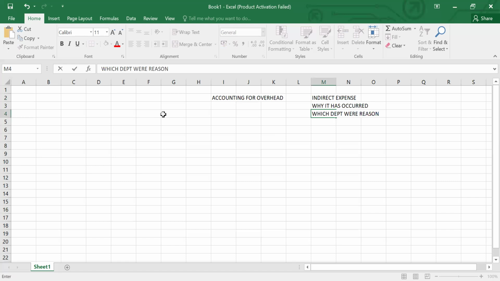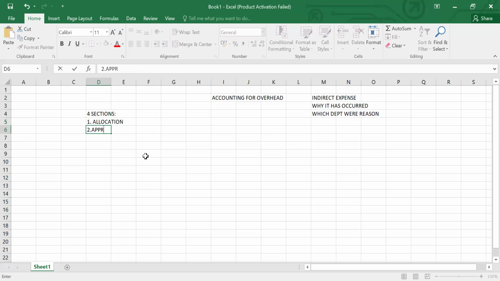Now, in accounting for overheads, this accounting for overhead has four major classifications, or you can say it is divided into four sections, right? Although primarily it is three, for understanding purposes I have written four. Number one is known as allocation.